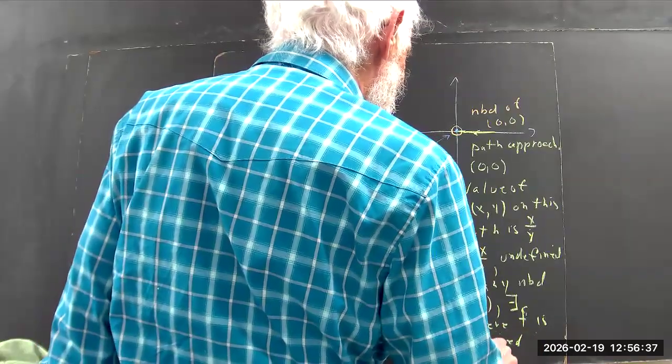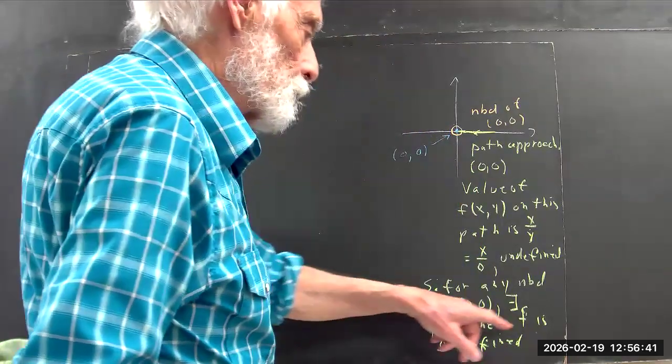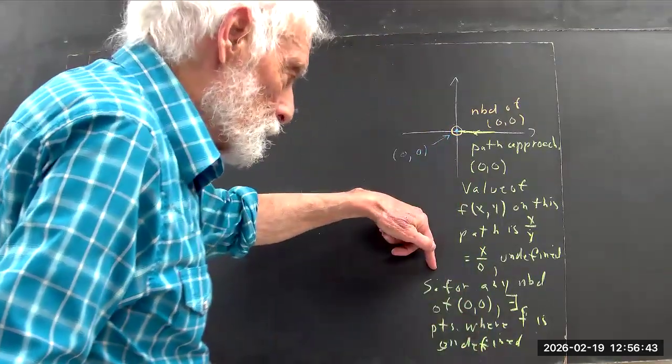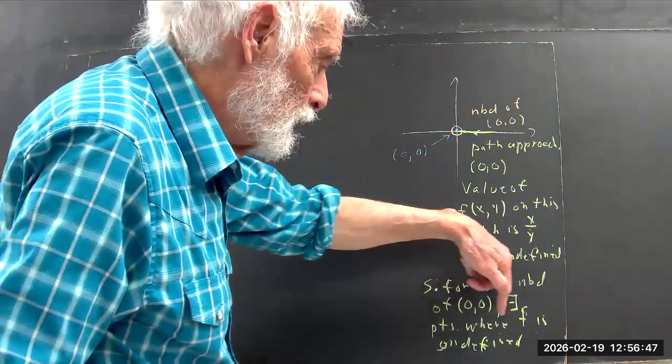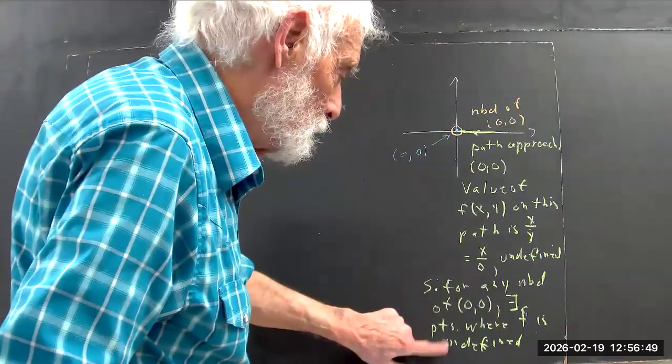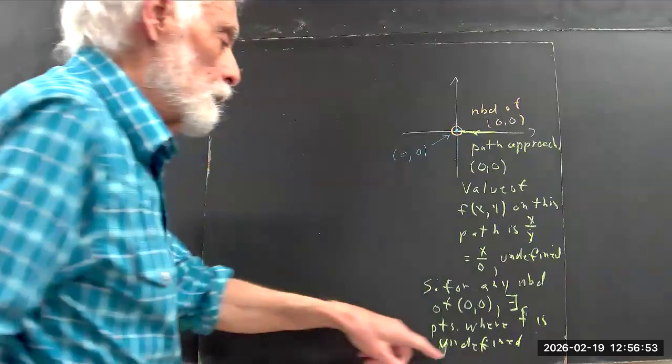Oh man, can't get this chalk to write down there. What I'm saying is, for any neighborhood of (0, 0), there exist points where f is undefined. Make sure that looks like a U. Okay?